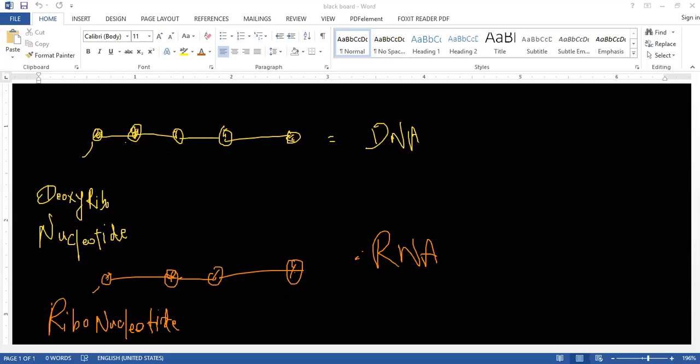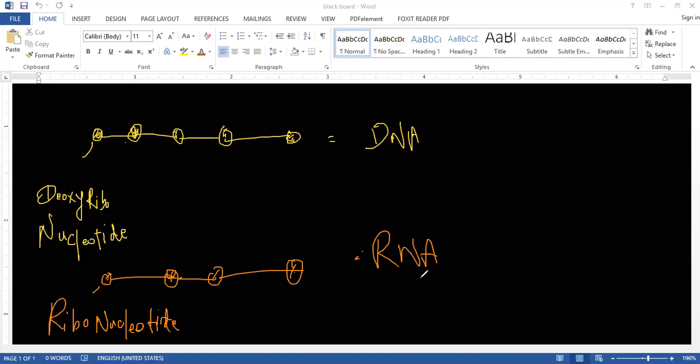At the same time, the basic structural unit of RNA is ribonucleotide, and those ribonucleotides connect together: one ribonucleotide, another, another, and another. Not only four, it would be millions or trillions, right? The collection of these ribonucleotides connects and forms RNA.